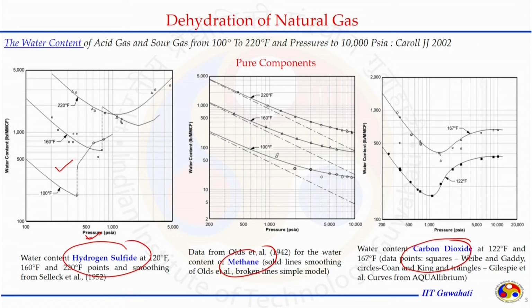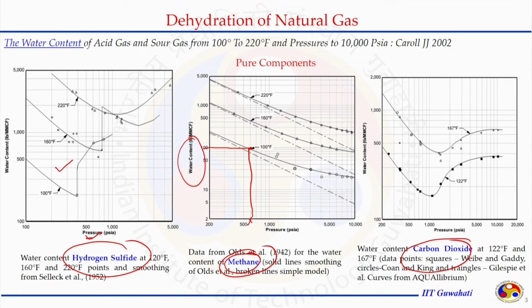For example, for hydrocarbon gases like methane, the major constituent of natural gas, the amount of water content at a particular temperature and pressure can be determined with the help of this chart. It says that at a particular pressure, for example here, and a temperature, let us say 100 degree F, this is the amount of water content the natural gas or the methane can carry.